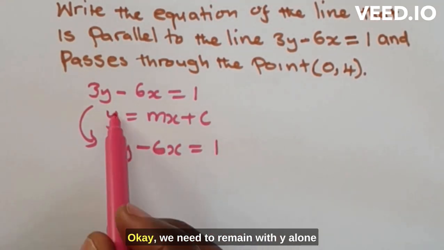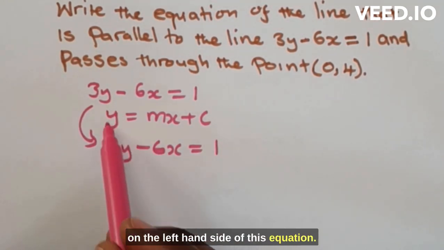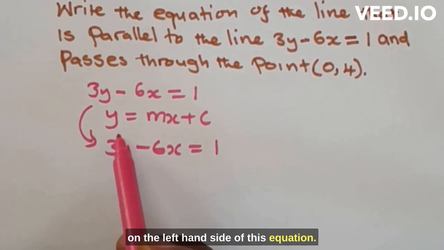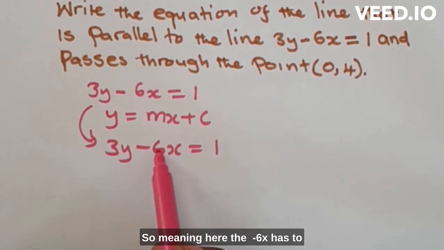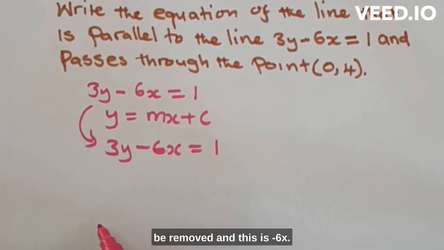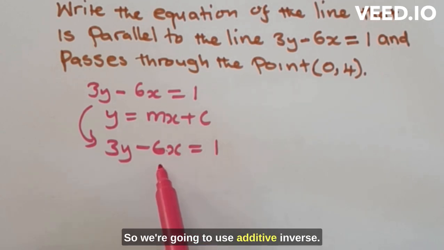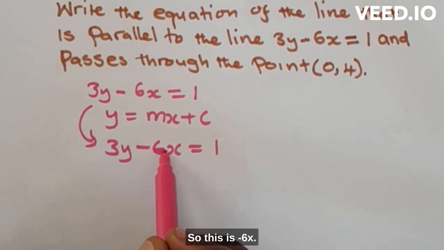We need to remain with y alone on the left hand side of this equation. So the negative 6x has to be removed, and we're going to use the additive inverse.